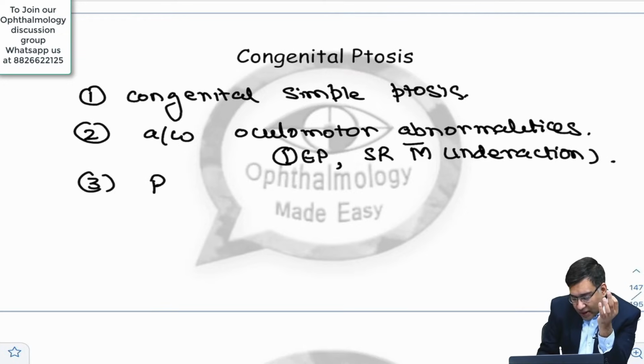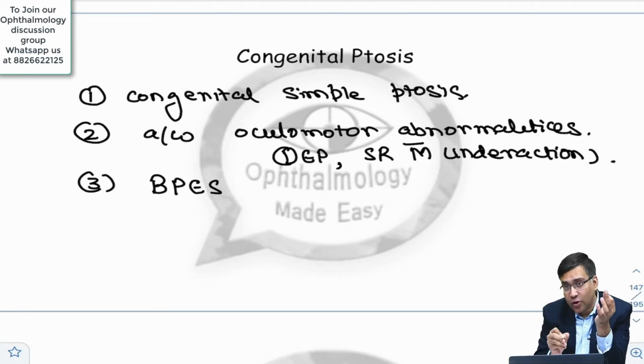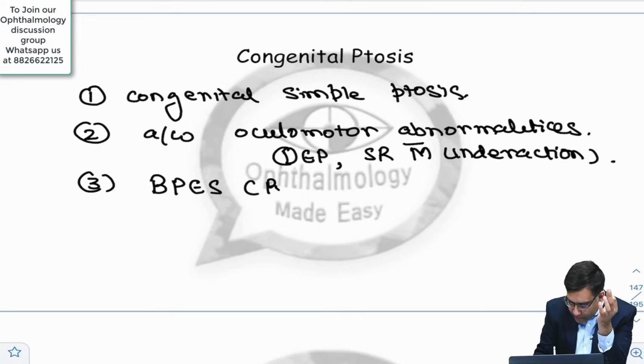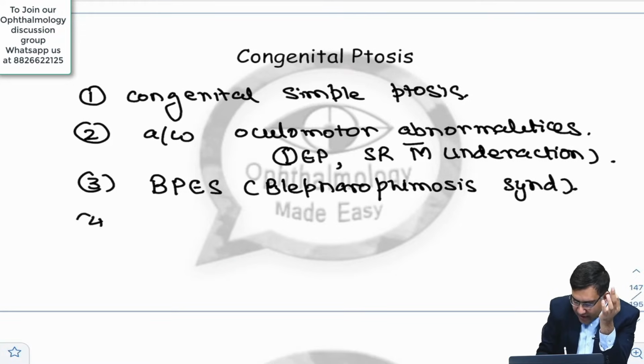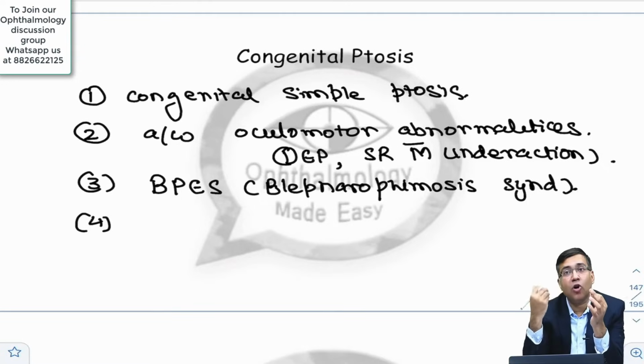Okay, sometimes it can be associated with some congenital syndromes also. The most common one and the most commonly asked one is called BPES, the blepharophimosis epicanthus syndrome. Okay, sometimes it can be associated with abnormal neural connection.